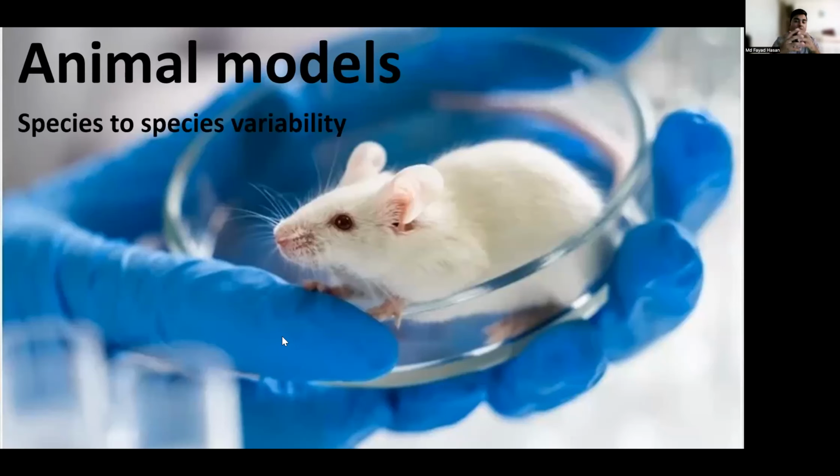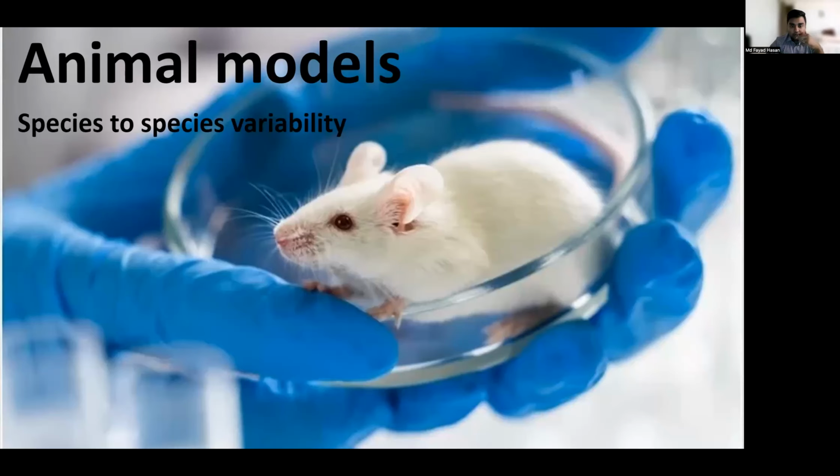In a lot of research, you give these animals some compounds and expect that the animals will behave the same way humans do. But in a lot of cases that doesn't happen, and that results in a failure in the clinical trial, and the whole thing becomes really expensive.